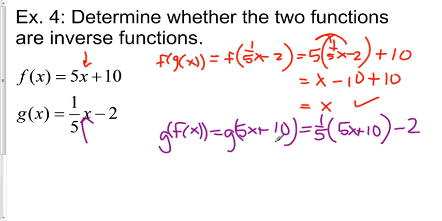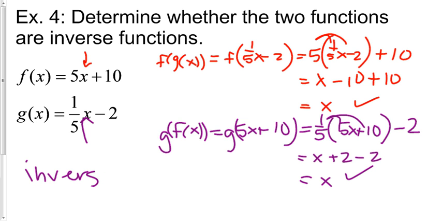That's our g of x function with f plugged in. Okay, so we're going to distribute again where we have these parentheses. 1/5 times 5 is 1x. 1/5 times 10 is positive 2, so we get x plus 2 minus 2, and we get x. Check. Okay, so we've just proved that these two are inverses. We have inverse functions.